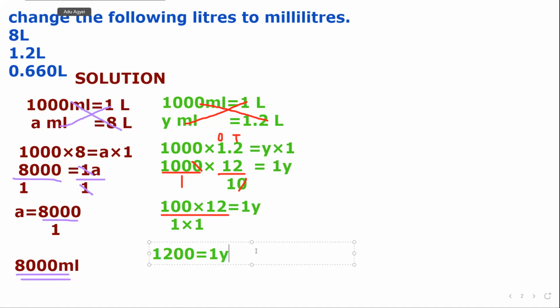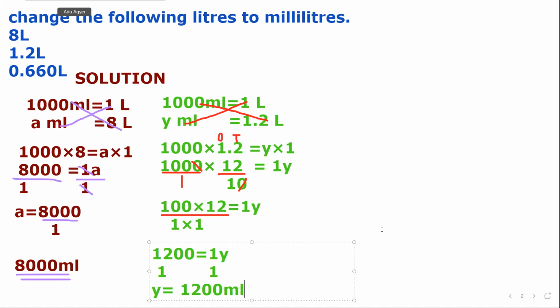Then we divide both sides by the number attached to the letter, and that is over 1 here. Okay. Now, therefore, y is equal to 1200 mils.